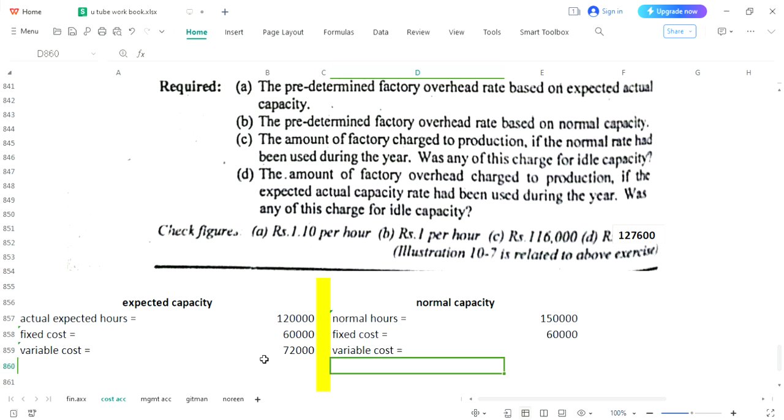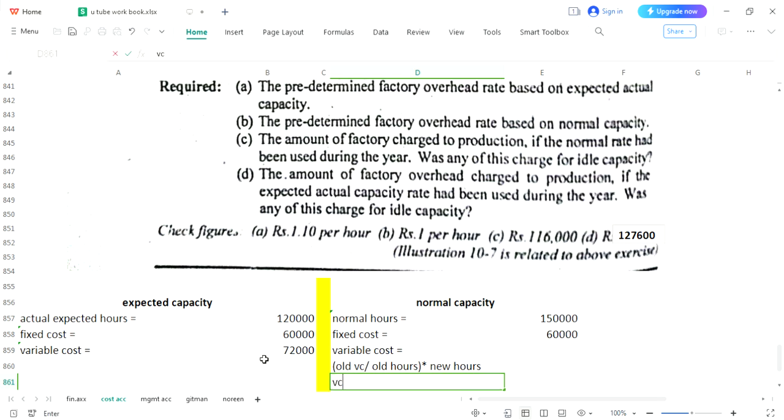So we have a desi formula to calculate the variable cost. For this you need to have the old variable cost, which would be divided by old hours and multiplied by new hours, and we can alter it.